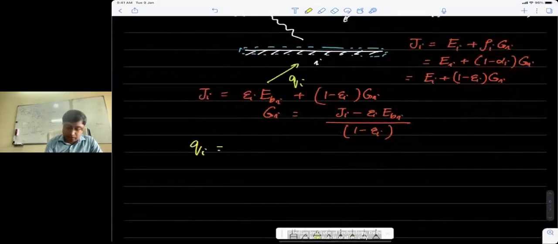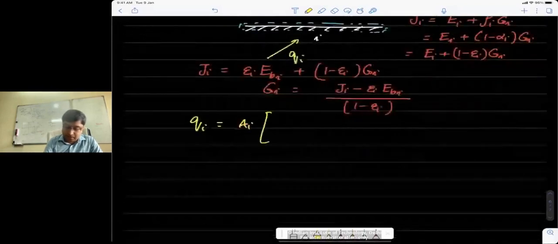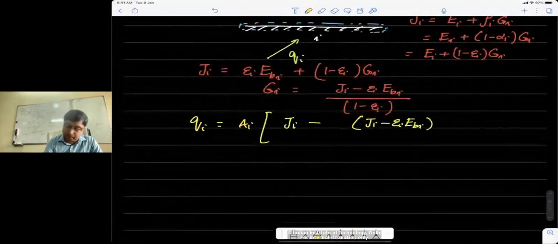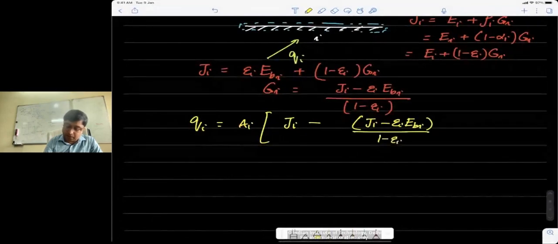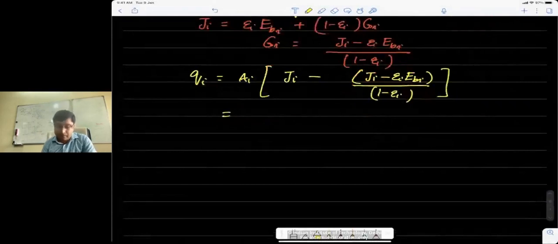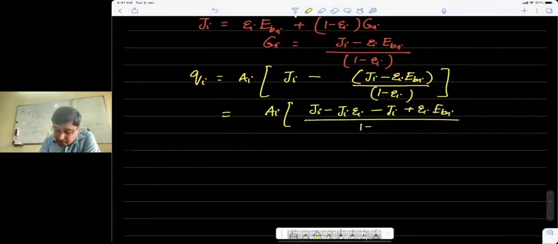So we'll get Qi to be Ai times Ji minus (Ji minus epsilon i Ebi) by 1 minus epsilon i, and that becomes equal to Ai times (Ji minus Ji epsilon i minus Ji plus epsilon i Ebi) by 1 minus epsilon i.